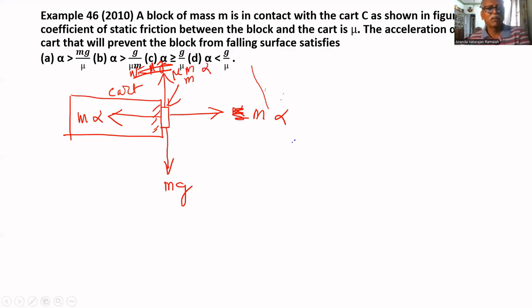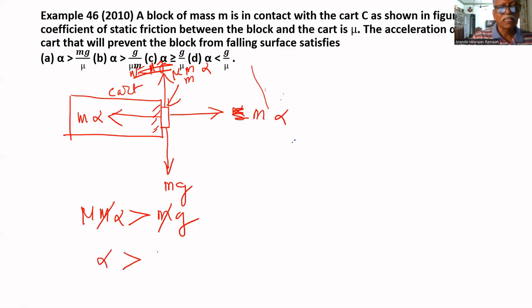Now we know that it should not fall, which means mu m alpha must be greater than mg. The small m gets cancelled. Therefore, alpha should be greater than g divided by mu.